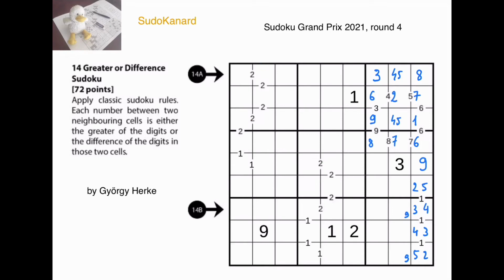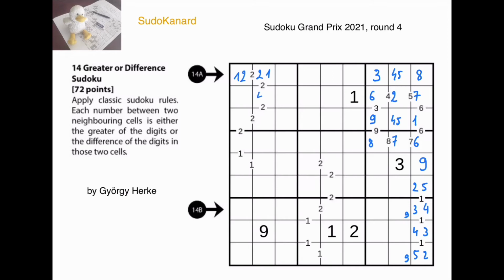So they can't be all differences, so there has to be a case where the 2 is the bigger digit. So there has to be 1 and 2 somewhere. And because of those, 1 and 2 must be around here. But there are 2 options then, because 2 here becomes now the difference.